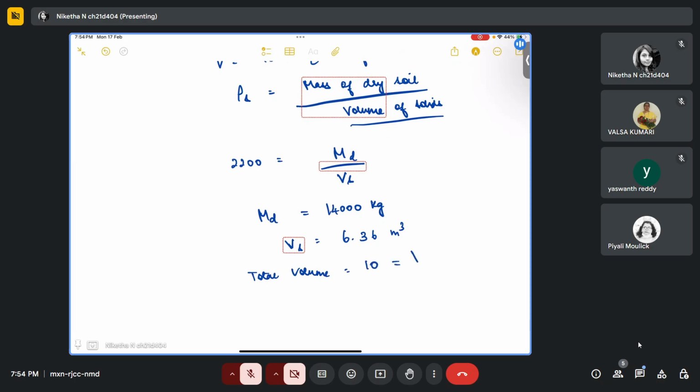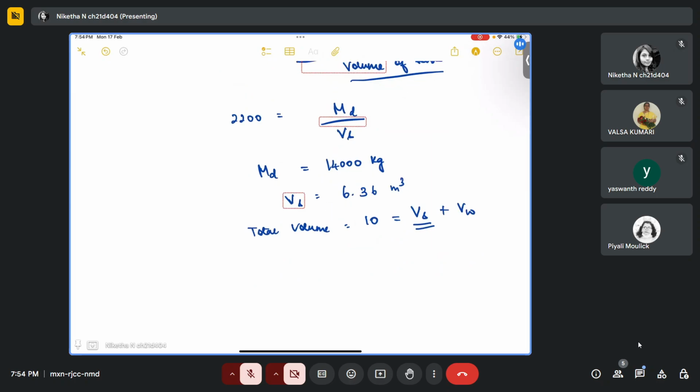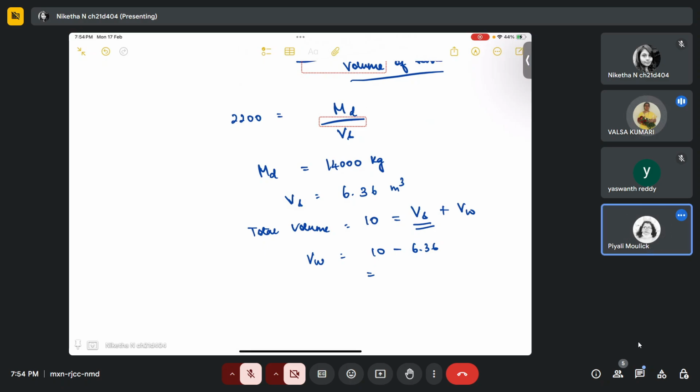So this 10 is the sum of the volume of solids and the volume of water. We already know the volume of solids is 6.36. So the volume of water will be 10 minus this. How much is this? It is 3.64 meter cube.